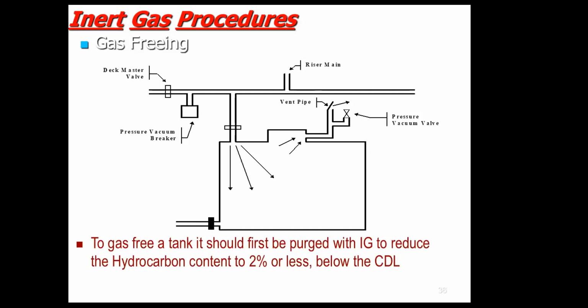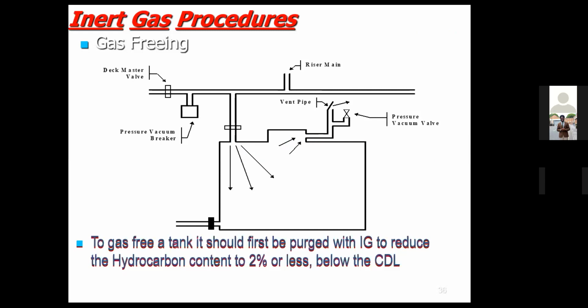So that's why I started by showing an analysis of accidents that happened between 2004 and 2015. And when you look at it, some of them happened during gas freeing, tank cleaning, tank operation, crude oil washing. So now I just want you to quickly recap how important inert gas is. And then you have to follow the procedure.